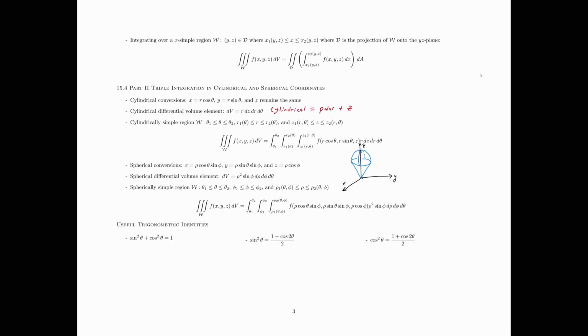And let's say the equation of the cone is z equals the positive square root of x squared plus y squared. And then this sphere up here, well, hemisphere, right? I'll just write it as a full sphere.